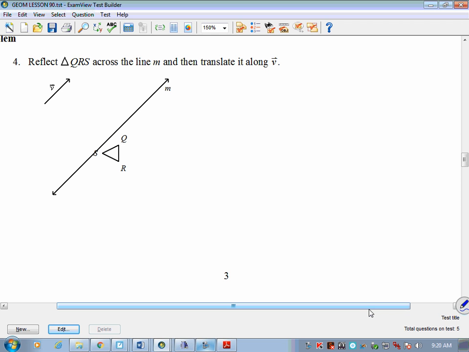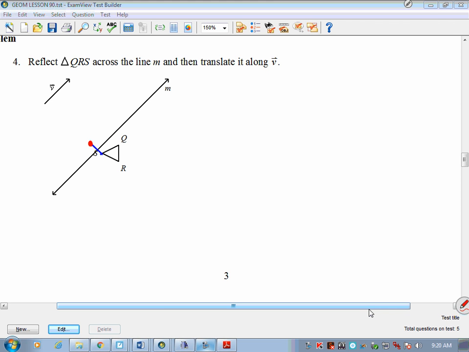What is the angle between S and S prime across line M? At what angle is the blue line to line M? 90 degrees.